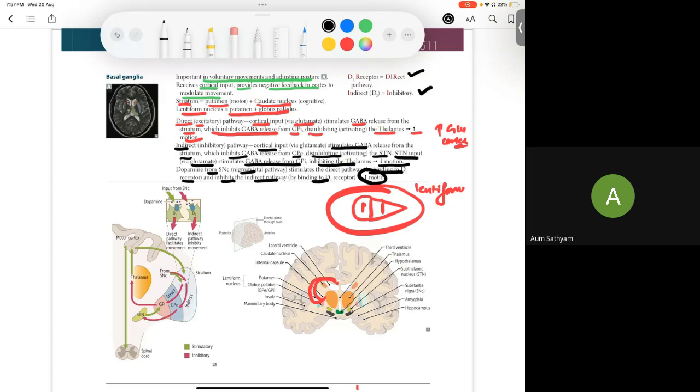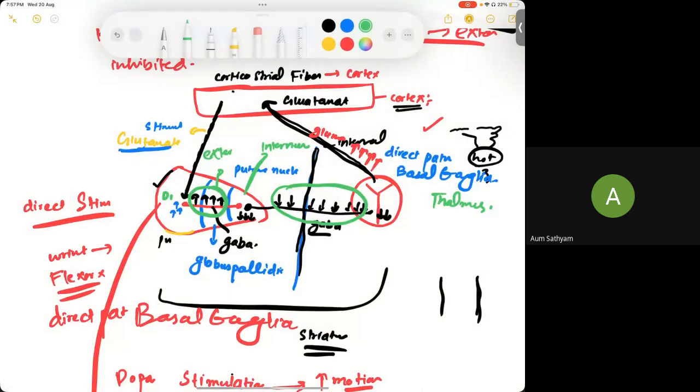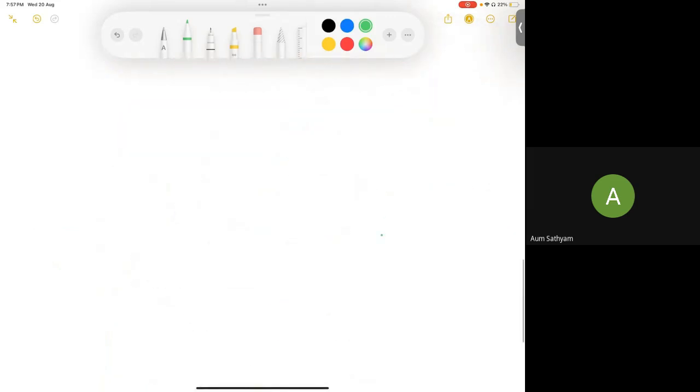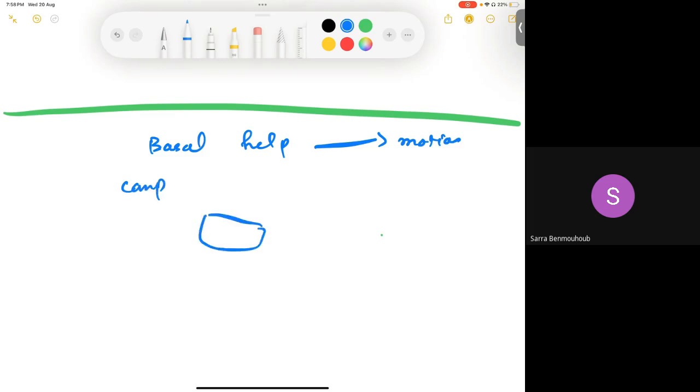Can you summarize once? I'm getting a lot confused. Okay, let me give you a summary of this entire discussion. The basal ganglia help in motion. The components of the basal ganglia are the lentiform nucleus and the subthalamus. We have the indirect pathway and the direct pathway.